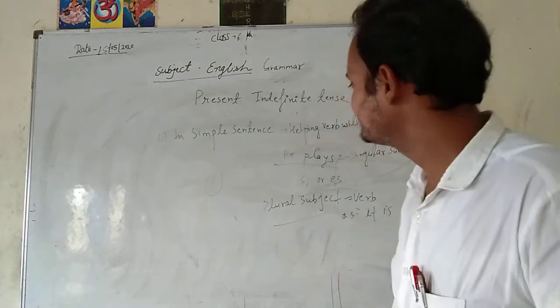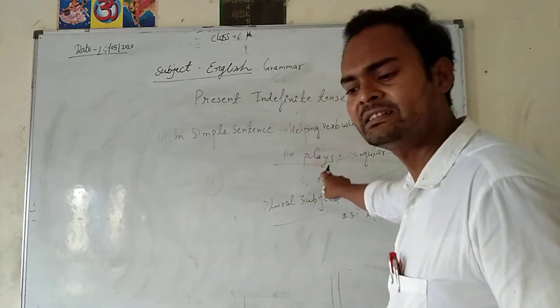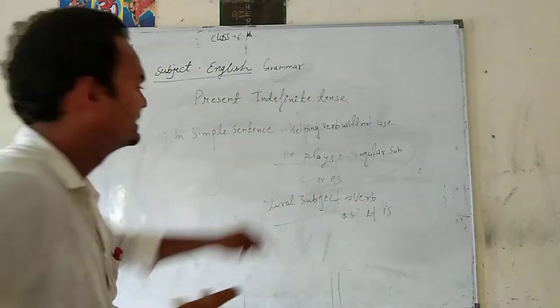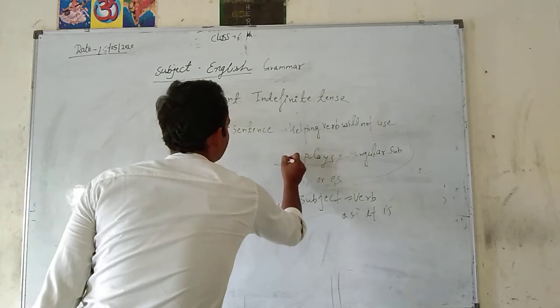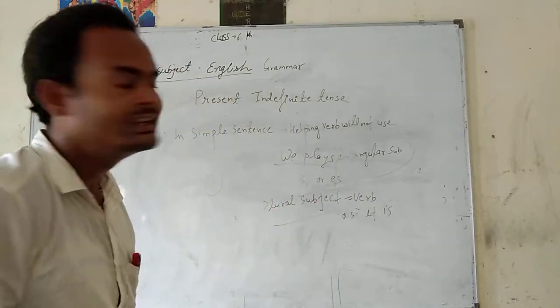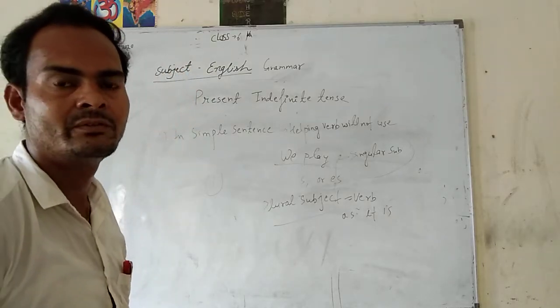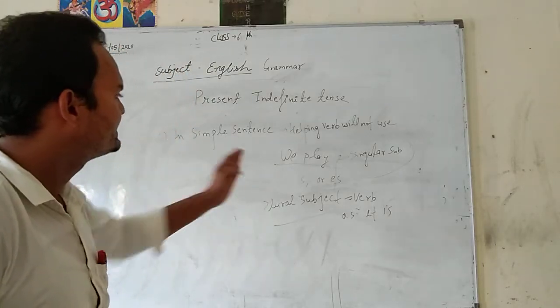So if we see examples, he plays, so there is a singular subject, and if we change this subject from he to we, the S will be gone from there. So this is a simple formula.